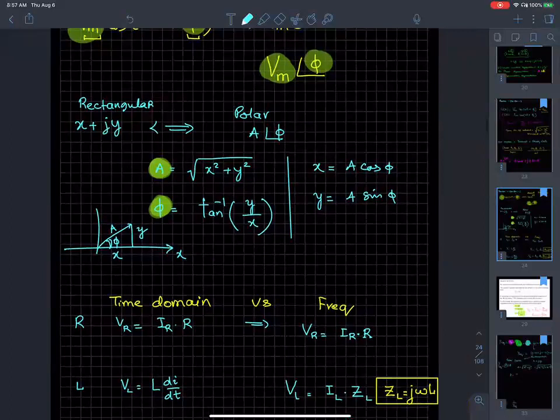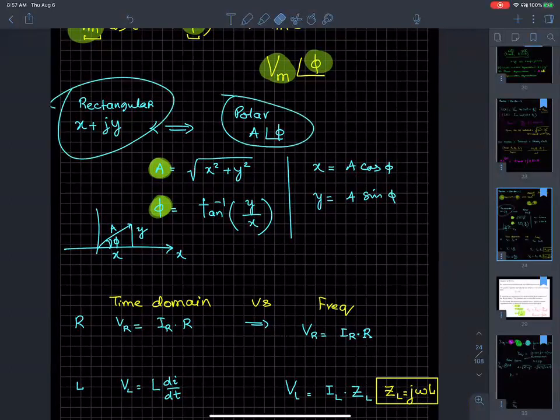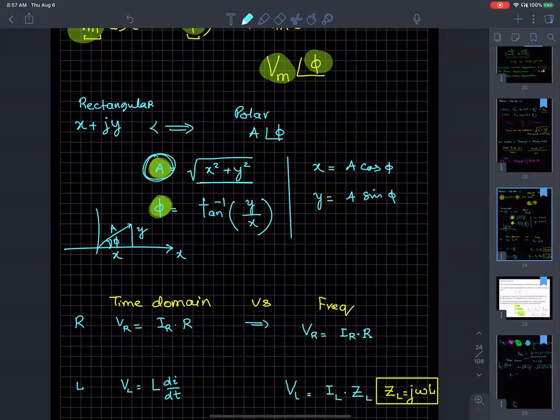When you're going from rectangular form to polar form, the magnitude is given by the square root of the sum of the squares, and the angle is given by tan inverse of y over x, the imaginary part over the real part.